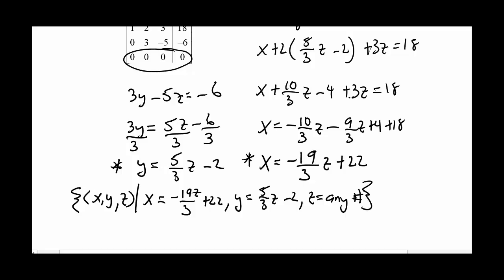So in other words, there are an infinite number of solutions, but it's not any numbers that I pick. I get to pick one number, and once I pick z, then z is going to define y and x. So there you go.